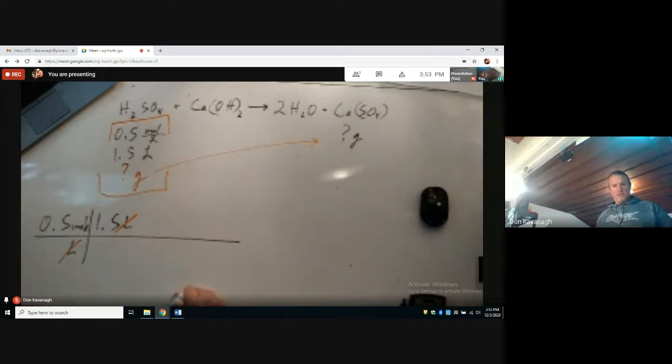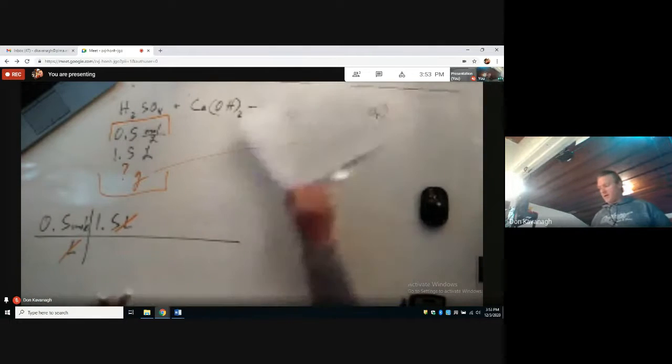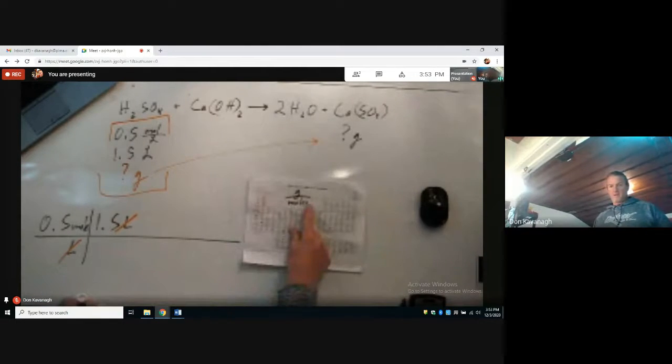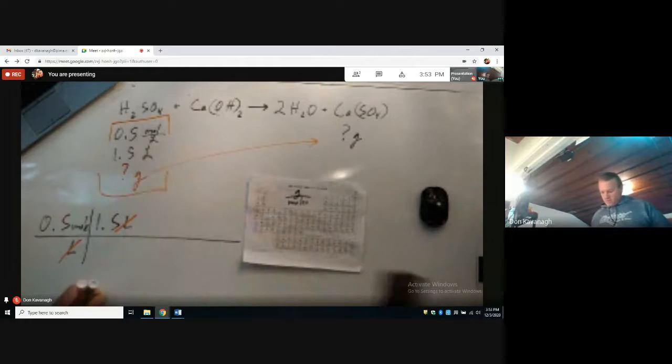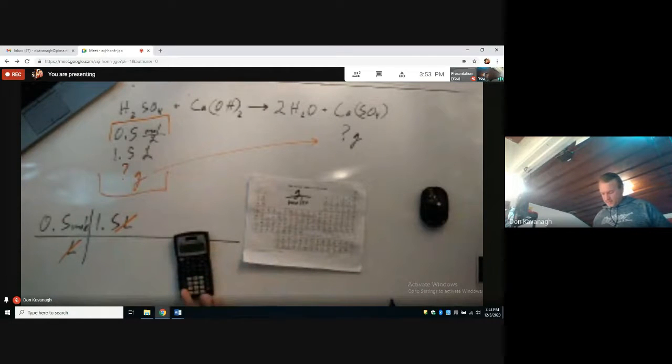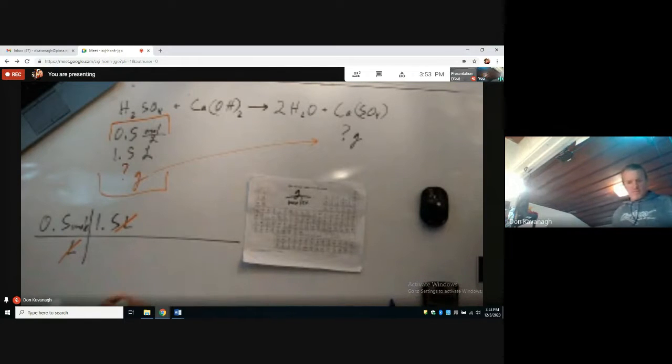There is a unit that contains both grams and moles in the same place at the same time 100% of the time. And that is the molecular weight that is found on the periodic table, grams divided by moles. So let's add that up for sulfuric acid. 98 grams per mole.